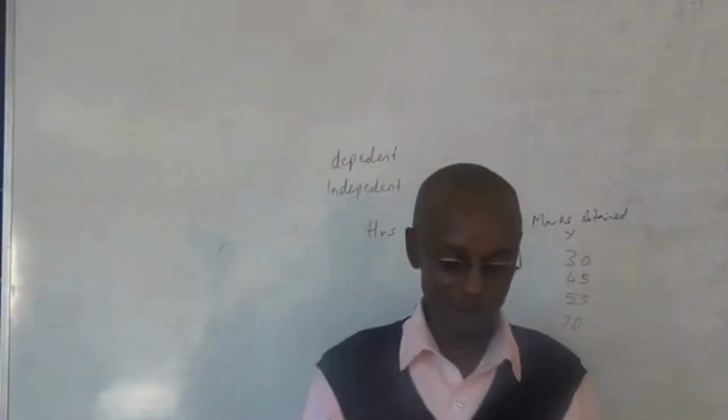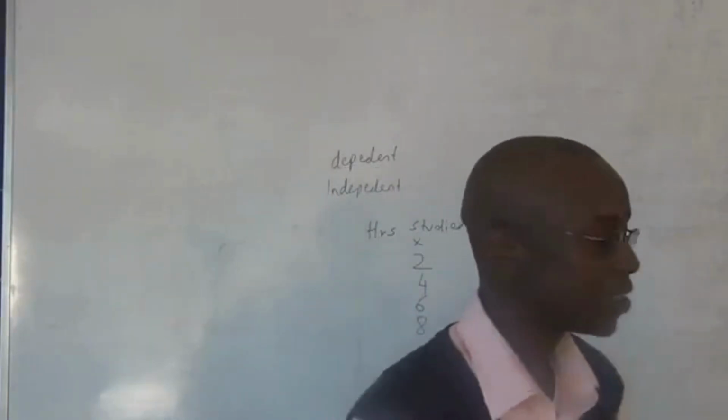Objectives of regression analysis. Regression analysis is used to: one, determine the relationship between variables. Two, predict future values.